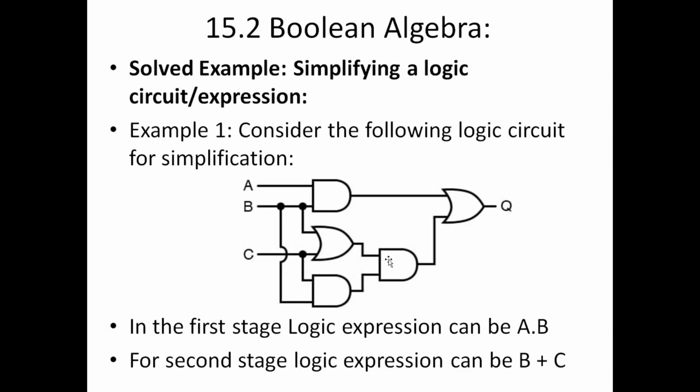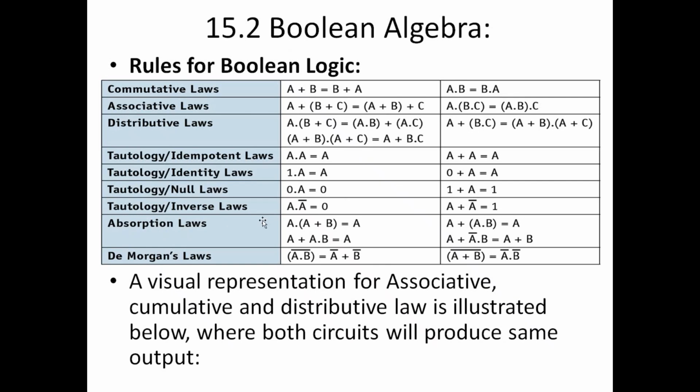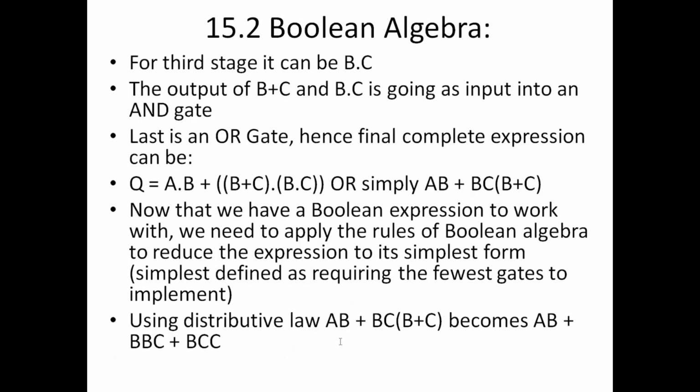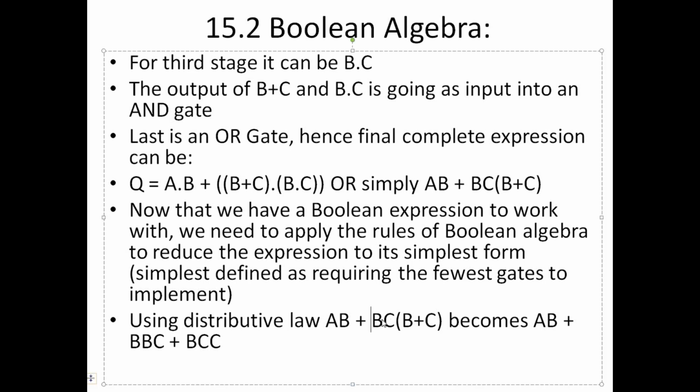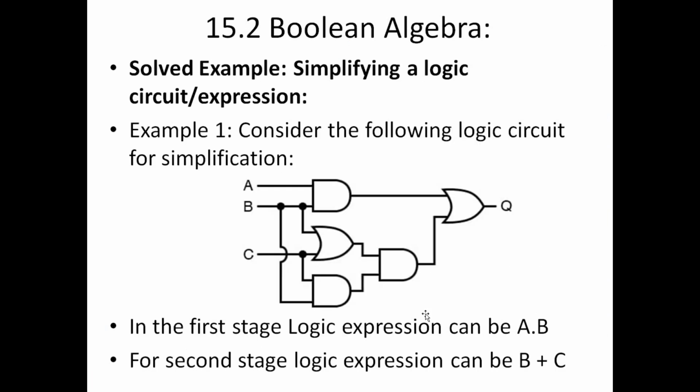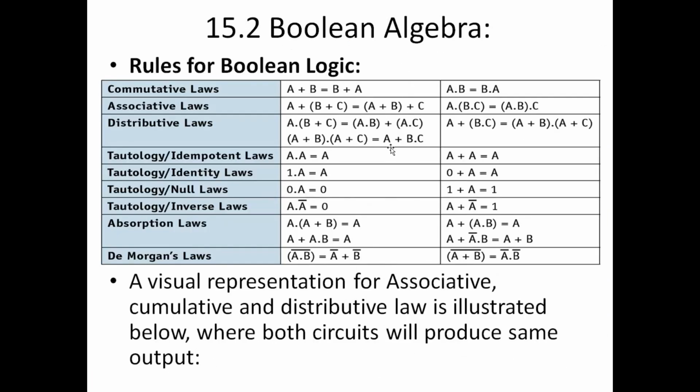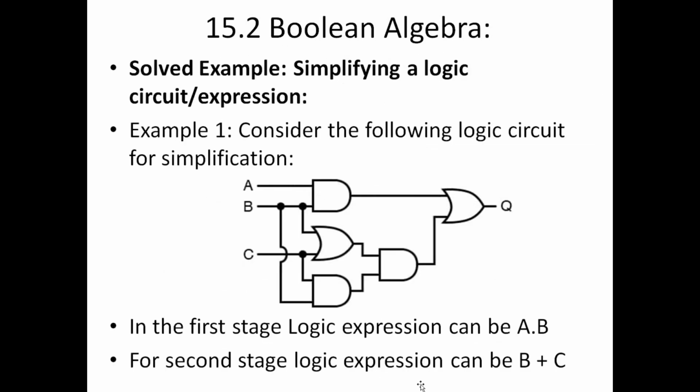Using the distributive law, as we have studied over here, this is the distributive law, A multiplied by (B plus C). Do we have a situation like that? We have it would become AB plus BBC, because by using the distributive law we are basically opening the bracket, expanding the bracket.